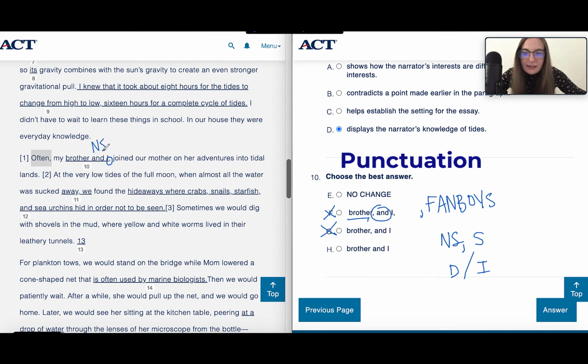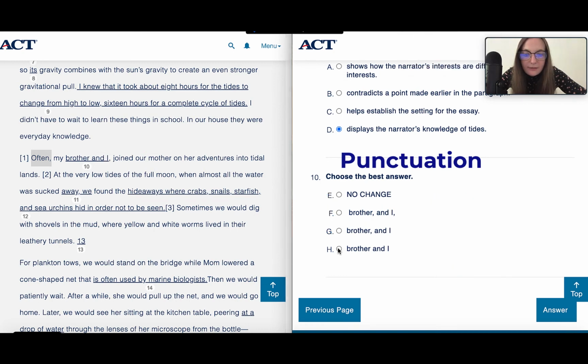That's not a sentence. And neither is joined our mother. So whenever we get two non-full sentences, we don't want to put any punctuation with them because they need to stick together to make one big full sentence. So it cannot be choice E then. It's got to be choice H. So let me go ahead and erase that so we can go ahead and pick that.